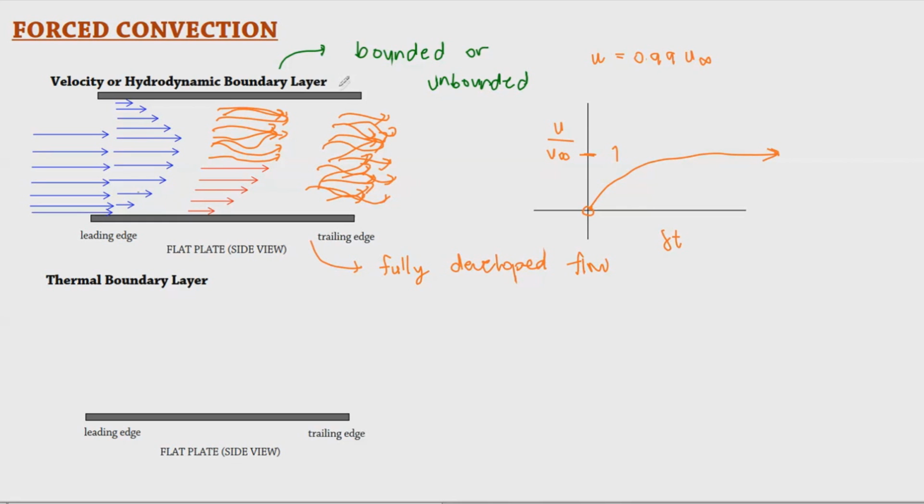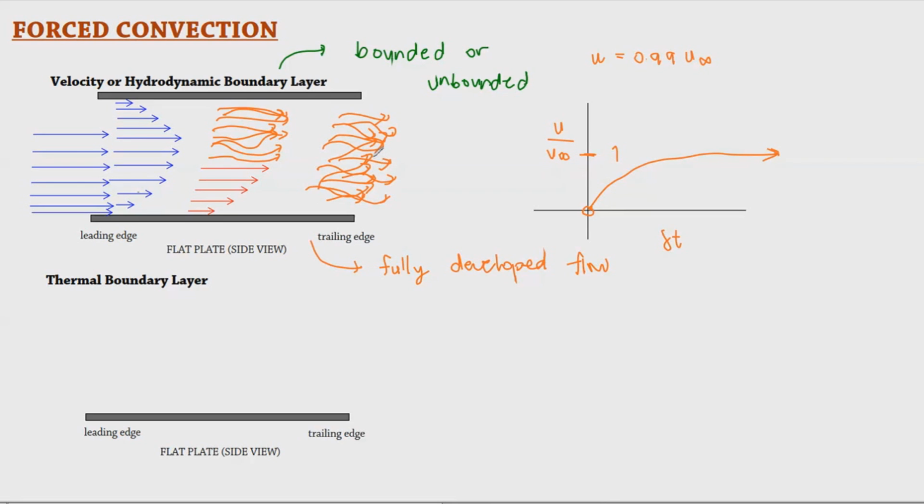So in the boundary layer, you can see that this disturbance actually starts right after the boundary layer thickness, near this trailing edge.